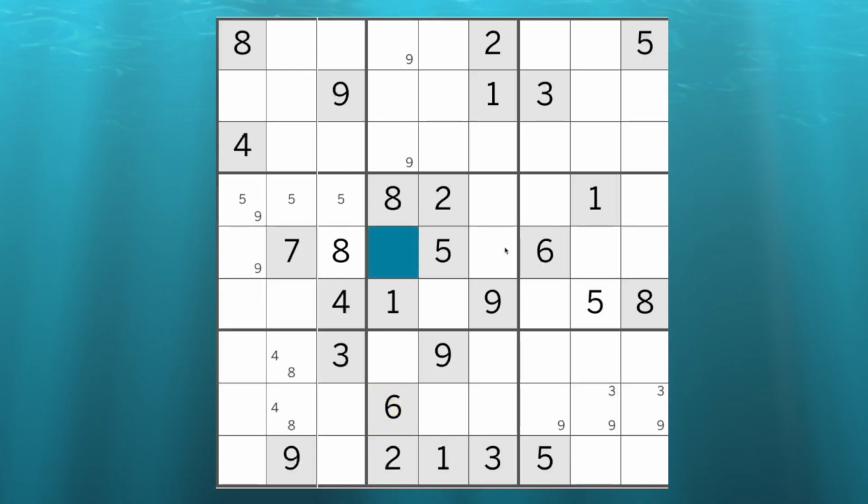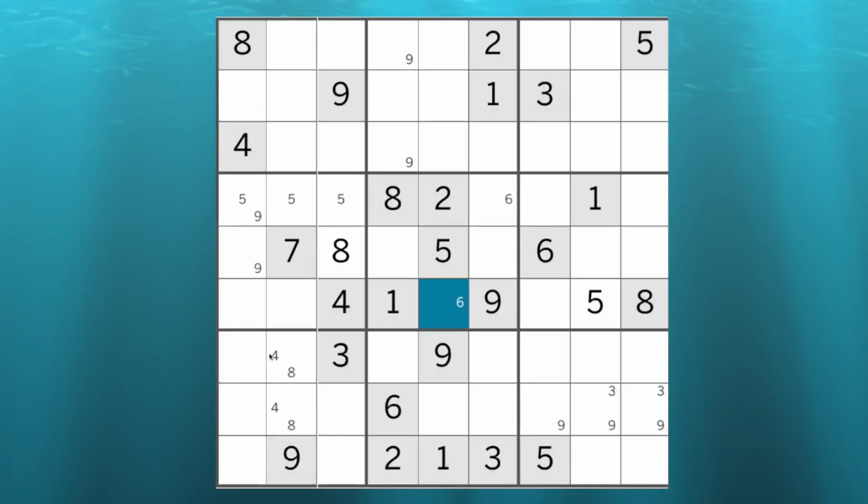This 6 keeps 6s from being there, so it's going to be in one of those two. Okay.